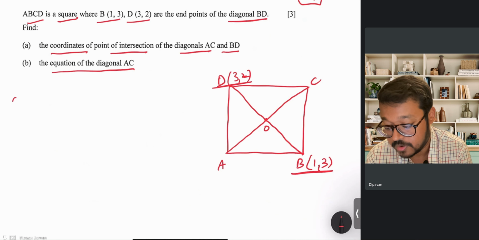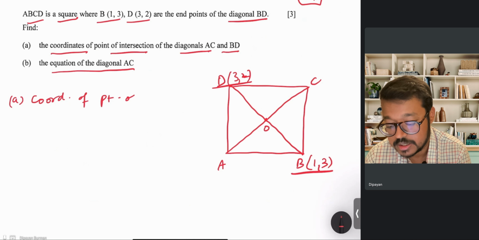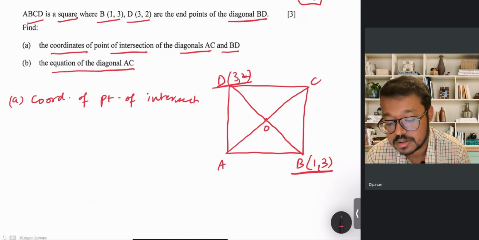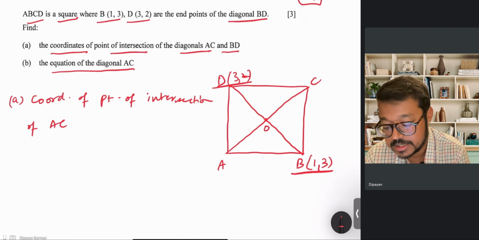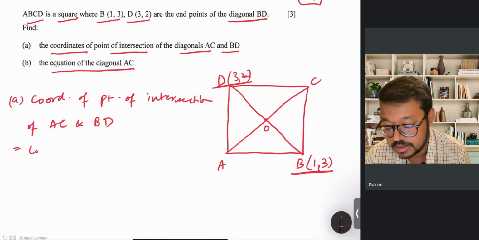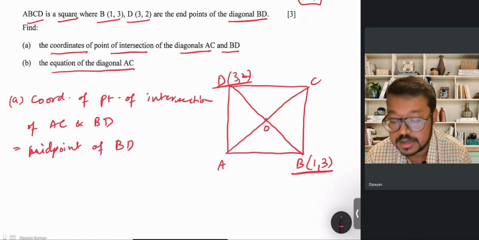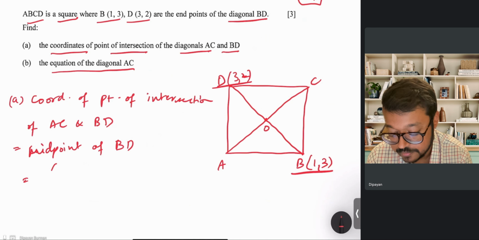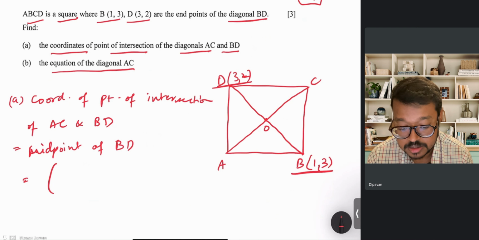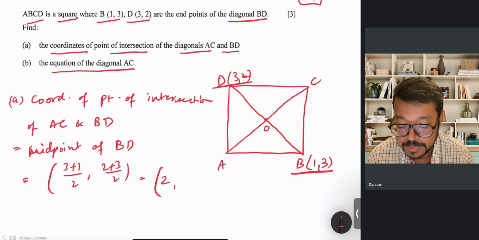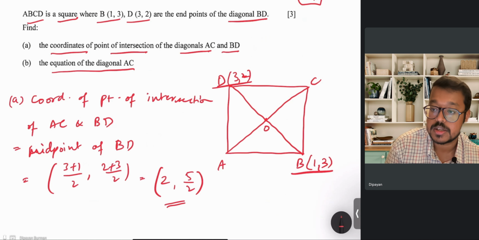So for part A, the coordinates of the point of intersection of the diagonals AC and BD is the same as the midpoint of diagonal BD. If I apply the midpoint formula, I will have the average of x coordinates, 3 plus 1 by 2, which is 4 by 2, that is 2, and the average of y coordinates, 2 plus 3 by 2, which is 5 by 2.